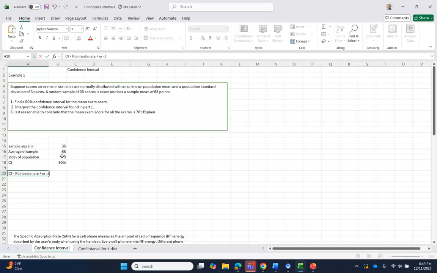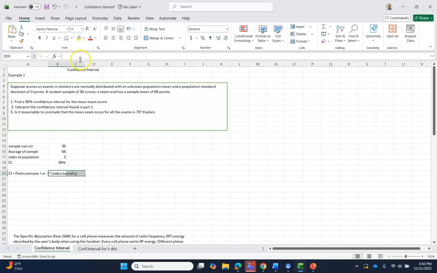We put z times the standard error, which is the standard deviation divided by the square root of n, and close the bracket.